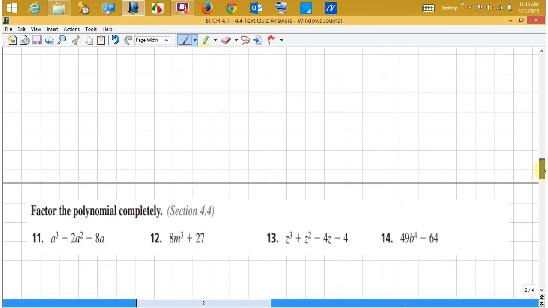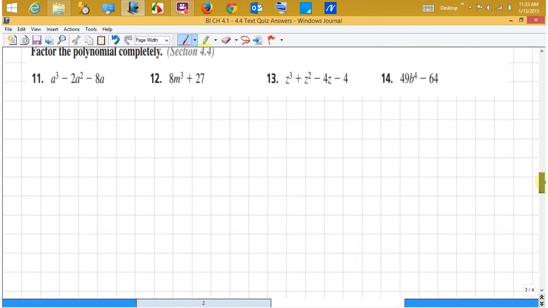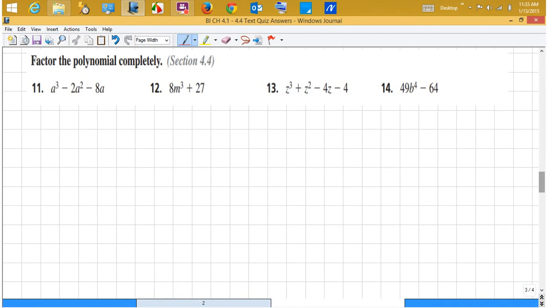Okay, let's go down to the next question. This is factor completely. Okay, the first one is I have an a cubed, but I also have a common factor of a. So let's pull that out. And that would give me a squared minus 2a minus 8.